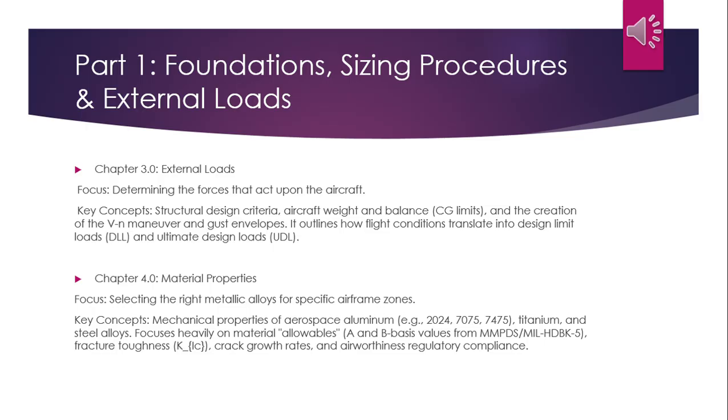It focuses heavily on material allowables. We have documentation such as MMPDS that defines the allowables of these materials. There are also crack growth rates and airworthiness regulatory compliance. So that's chapter 4.